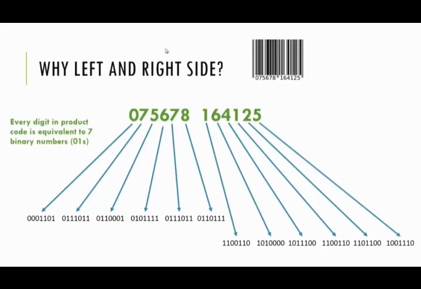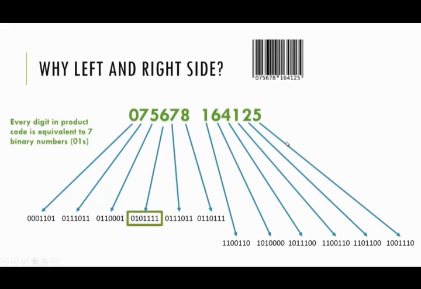Now if you count all the binary numbers like this, 1, 2, 3, 4, 5, 6, 7, and so on, it adds up to 84, because every digit in the product code is equal to 7 binary numbers. 12 multiplied by 7 is 84.